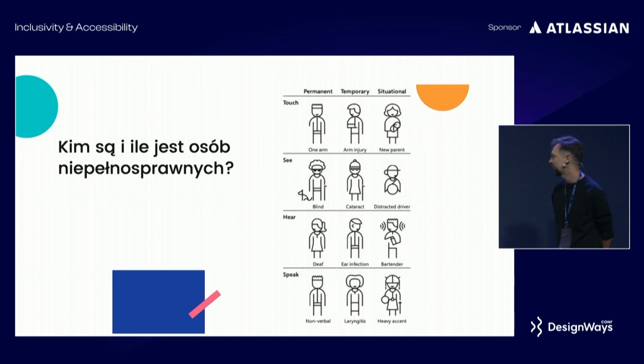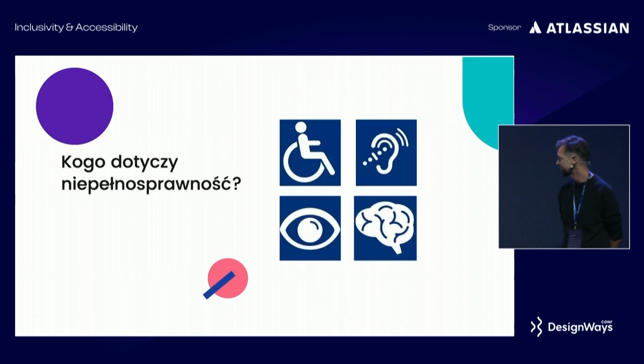Let me mention the social definition of disability, where the focus is on what Alicia has just been talking about. Physical disabilities translate into all kinds of temporary or situational states that we are under.